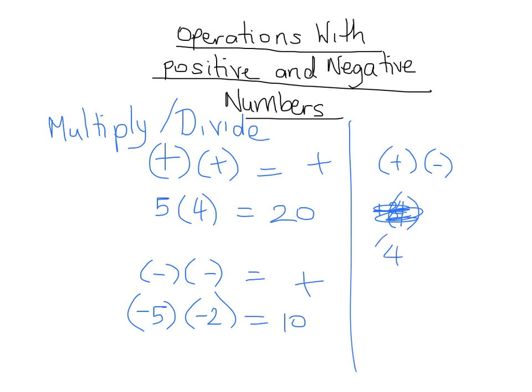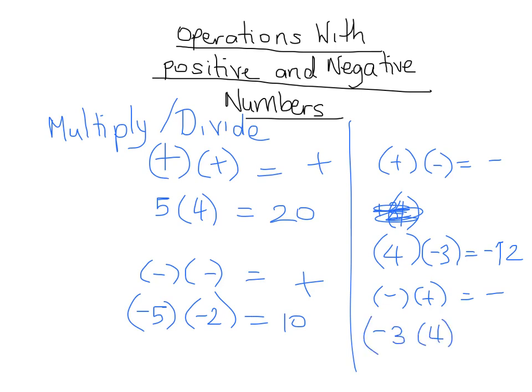So positive 4 times negative 3, the answer is going to be negative, not 3, but negative 12. Okay, and vice versa, if we switch the order, it doesn't matter. So negative times positive is still going to just be a negative. So let's say negative, I'll even use the same numbers. Negative 3 times 4 is going to be equal to negative 12.